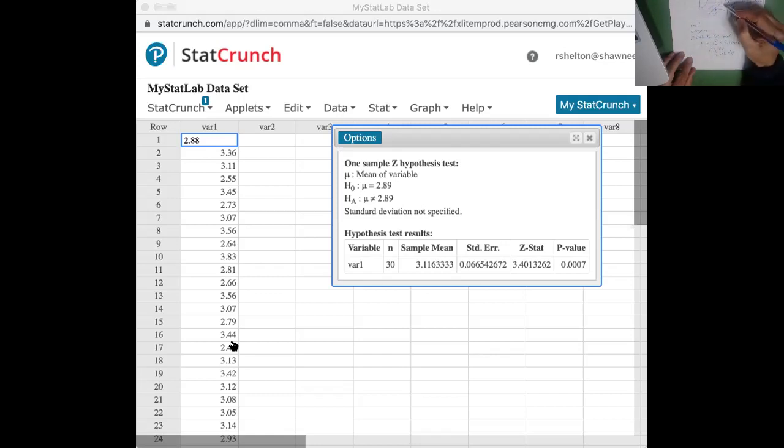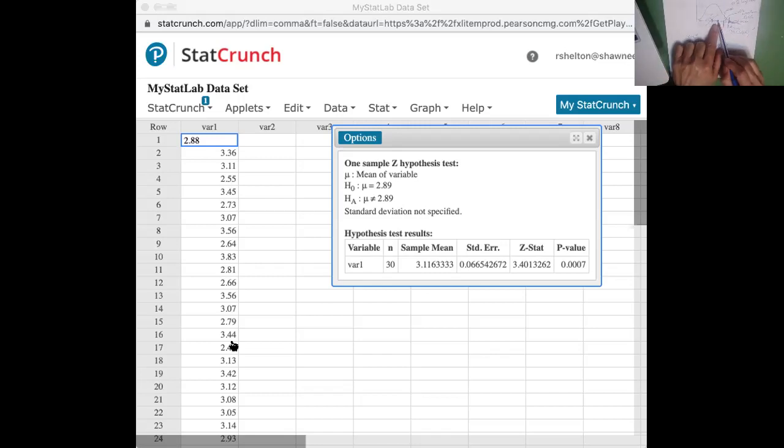But if your sample hits inside Z star, then you cannot reject. If your sample hits inside Z star, you can see your p-value is going to have more probability in the tail than you had for your significance level. This is going to be the probability. If your sample hit here, for example, let me drop it so you can see it better.